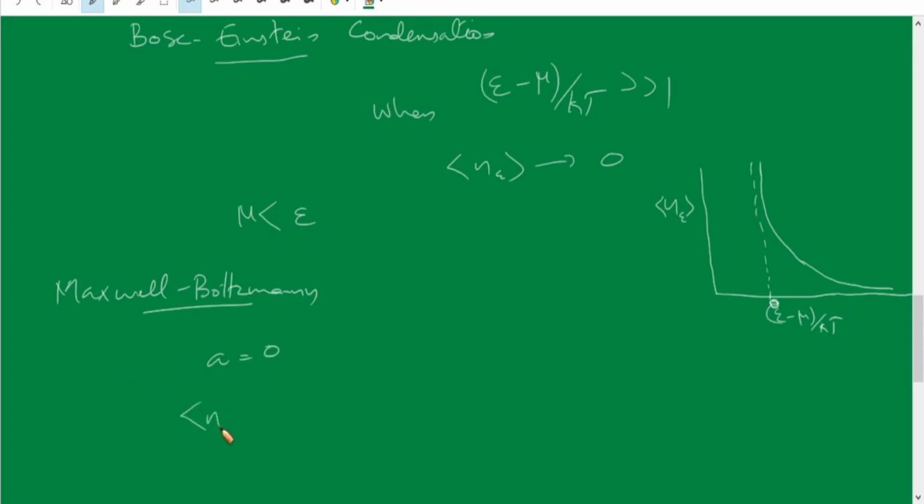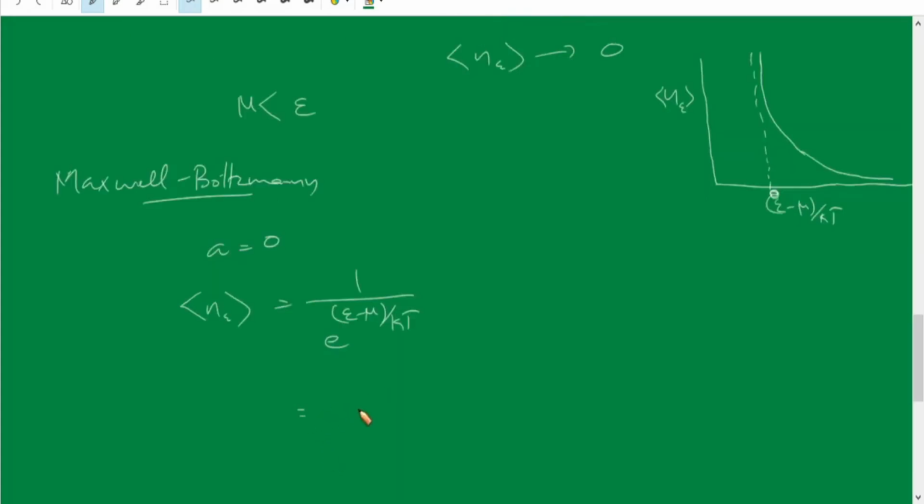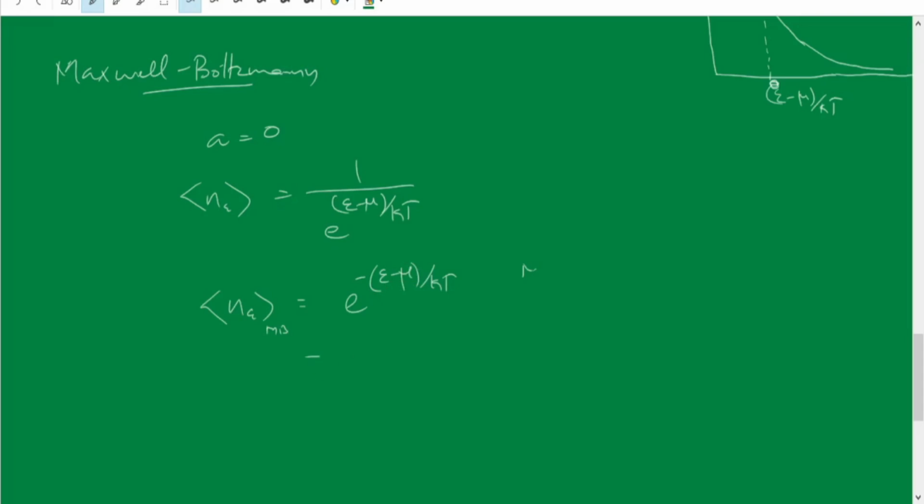Therefore, Ne is equal to e raised to minus E minus mu divided by kT. So this is Ne of MB. Therefore, this is proportional to e raised to minus E divided by kT.